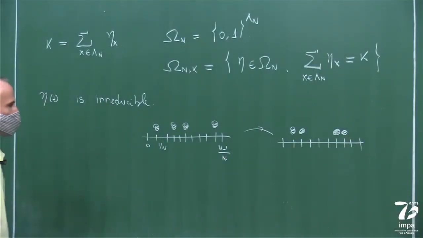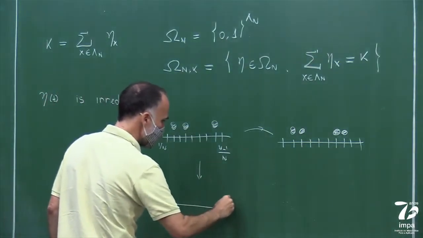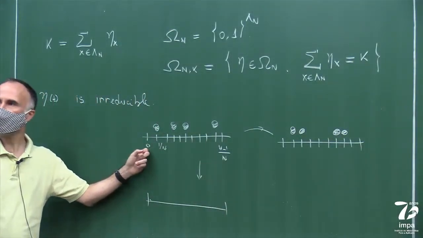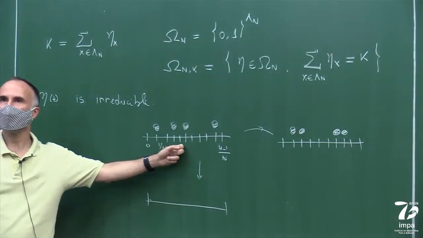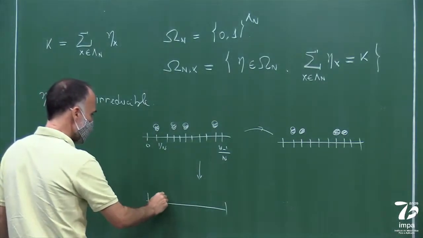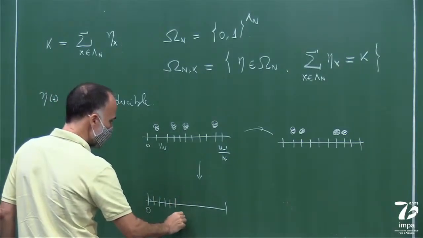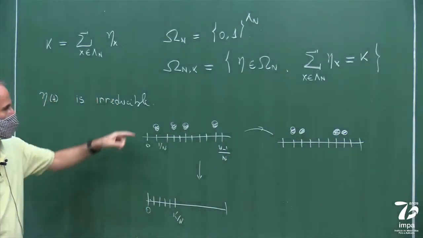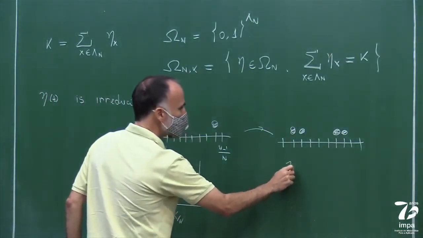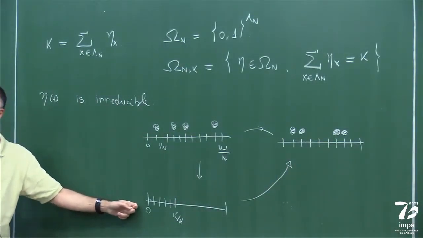Well, I will go from this configuration to a configuration in which all particles are at 0 up to (k-1)/n. There are k particles, so let me place all particles from the position 0 up to the position k/n. So let me show that I can go from this configuration to this configuration, and then from this configuration to that one.